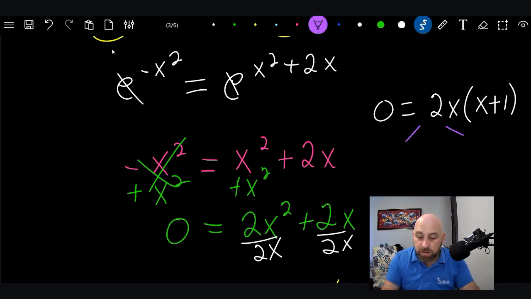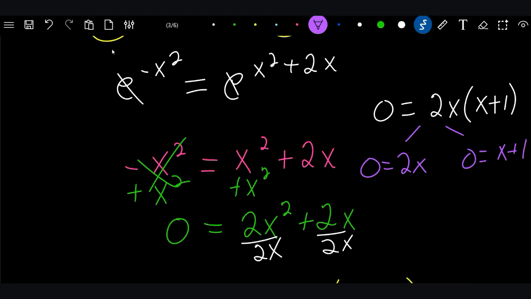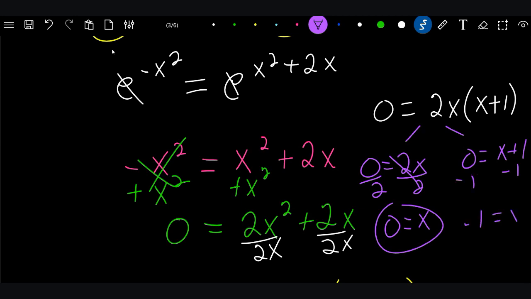So that's going to be 0 equals 2x and 0 equals x plus 1. Solve this out, divide by 2, divide by 2. We're going to get 0 equals x. So that's one solution. And then over here, we're going to subtract 1 from both sides, and we're going to get negative 1 equals x.